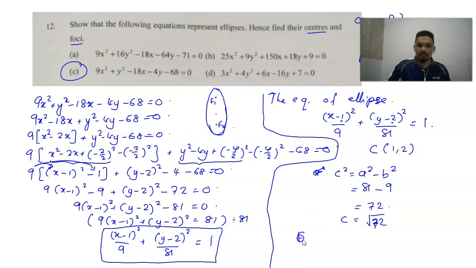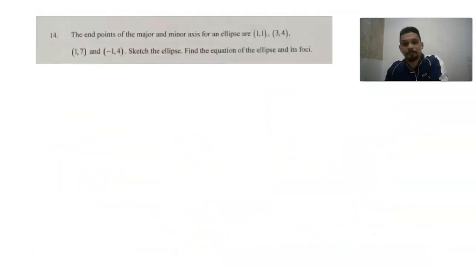So the first and second focus points, from the center of 1 and 2, are F1 equal to (1, 2 plus square root of 72) and F2 equal to (1, 2 minus square root of 72). There you go. Now the endpoints of the major and minor axes of the ellipse are given here.